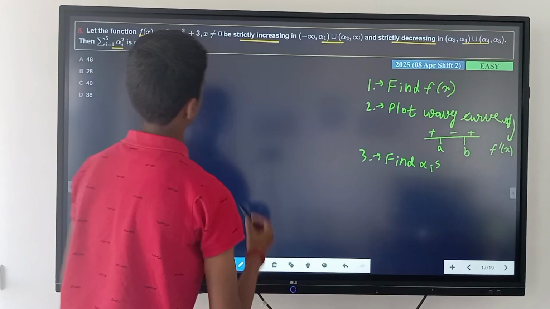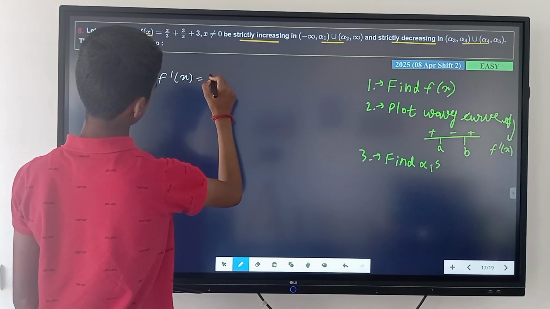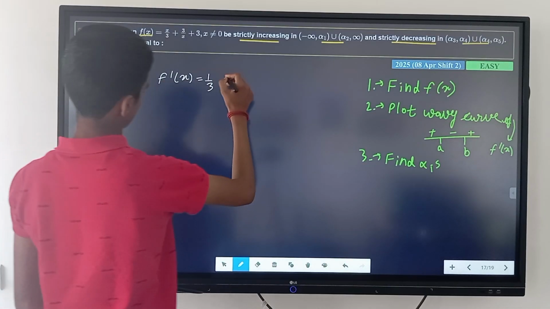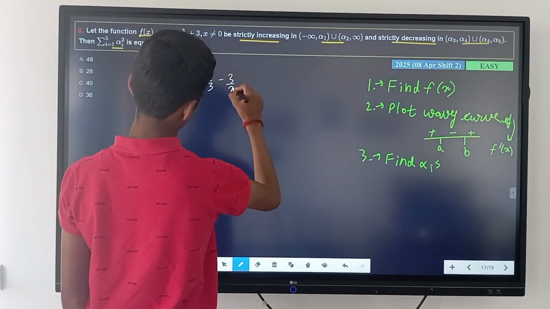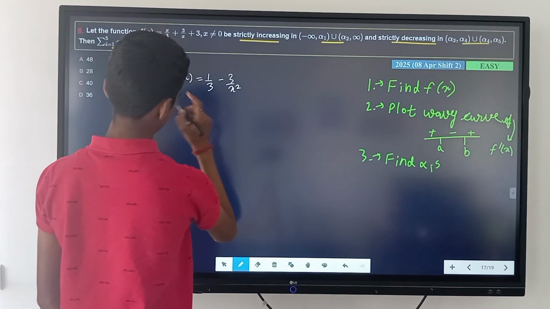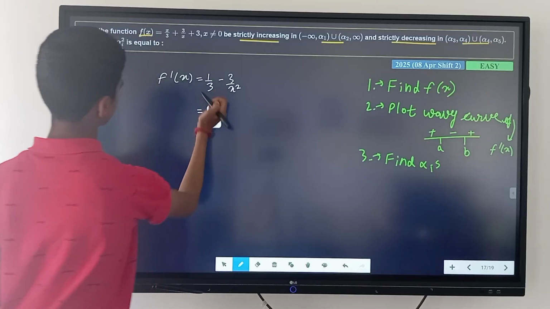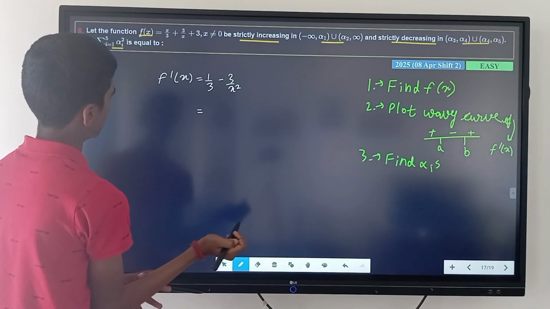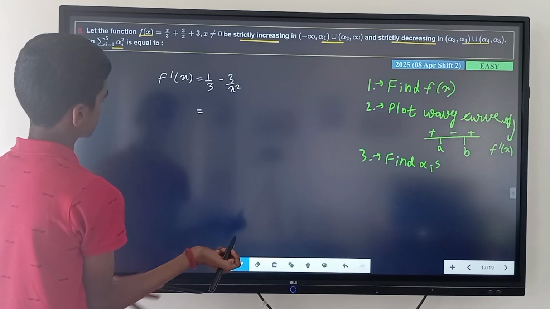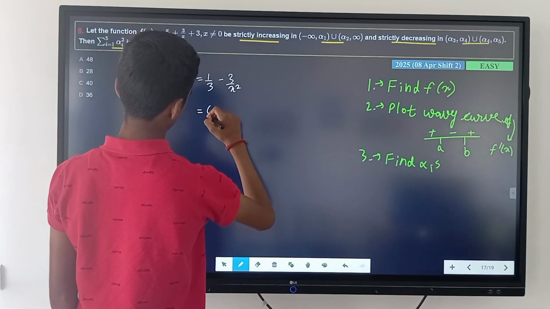So here our f dash x will be equal to 1 upon 3 minus 3 upon x square. From here we will get x square minus 9.